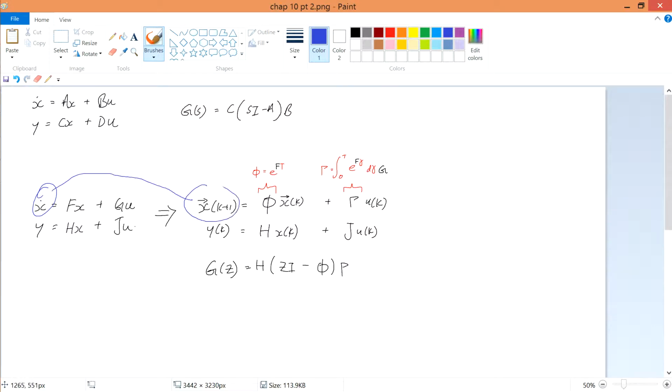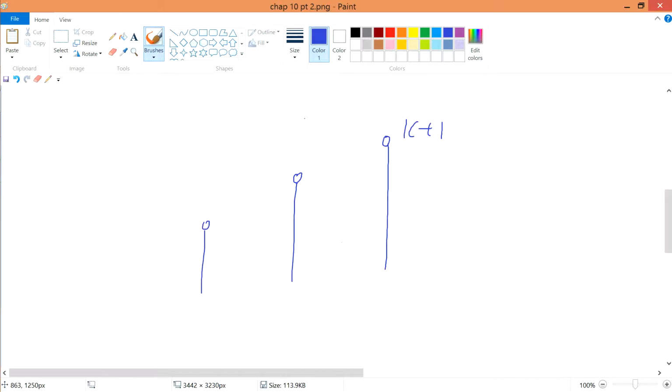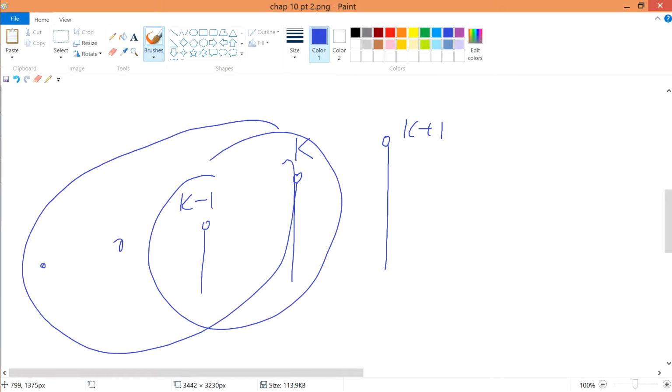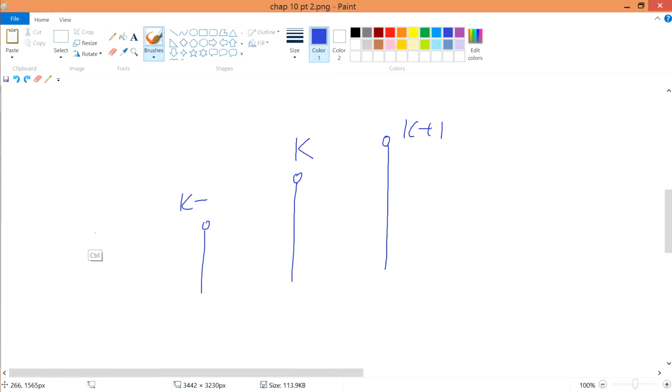Next, I just want to inform you that your x dot I rewrite as x[k+1], and your y I write as y[k]. Remember the Euler's formula, you're going to take a k and maybe your past information k minus 1 and so on, all the way back. If you don't understand what I'm drawing right now, I'm actually drawing a signal.